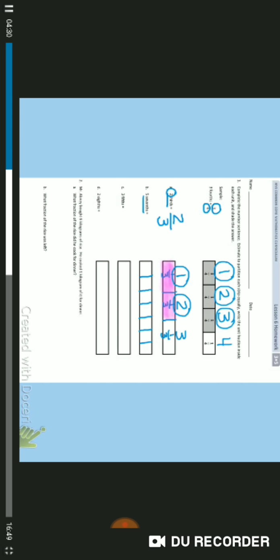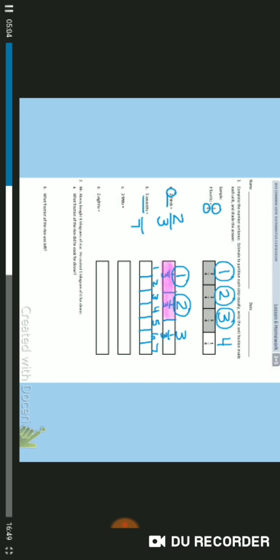I will number them just to make sure I've counted correctly. 1, 2, 3, 4, 5, 6, 7. That 7 needs to be the number on the bottom part of the unit fraction because the rectangular strip has been divided into sevenths. Now I need to write the unit fraction inside each unit.